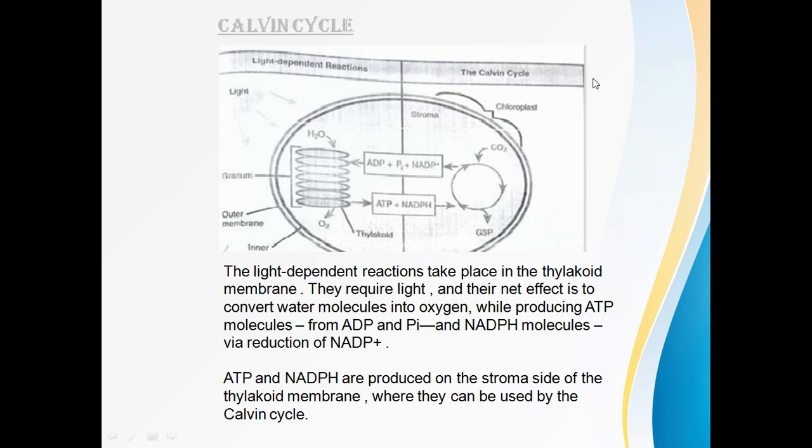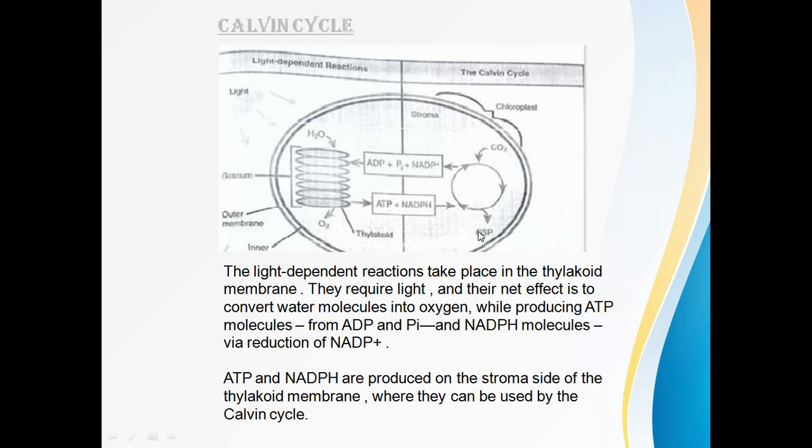And the Calvin cycle takes the ATP produced during light dependent reactions, and it is fixing the carbon dioxide and producing the 3 carbon sugar, that is G3P.